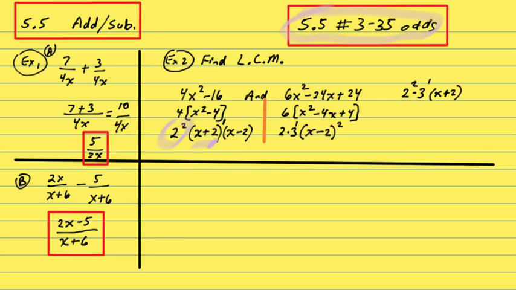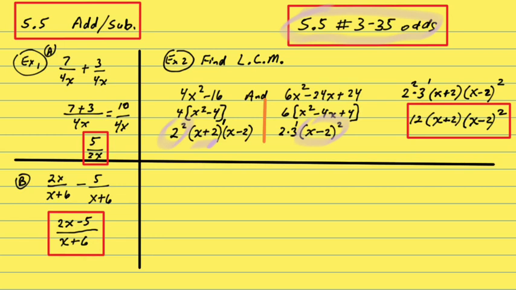What's the highest power of x minus 2? Well, I see that one is to the second. And that is my least common multiple. 4 times 3, I think the book's going to call it 12 times x plus 2 times x minus 2 quantity squared. Once again, you factor it completely and then take the highest power of each factor.